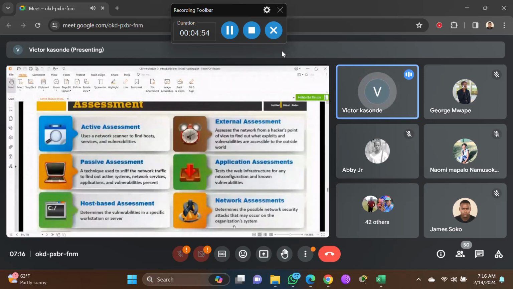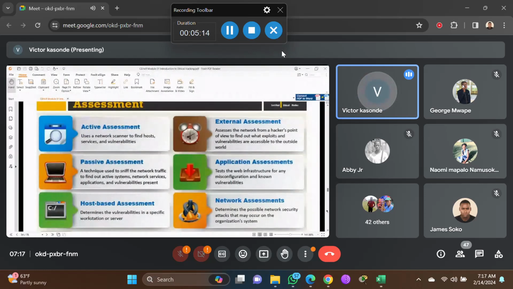The other one is passive assessment, a technique used to sniff the network traffic to find out active systems, network services, applications and vulnerability presence.